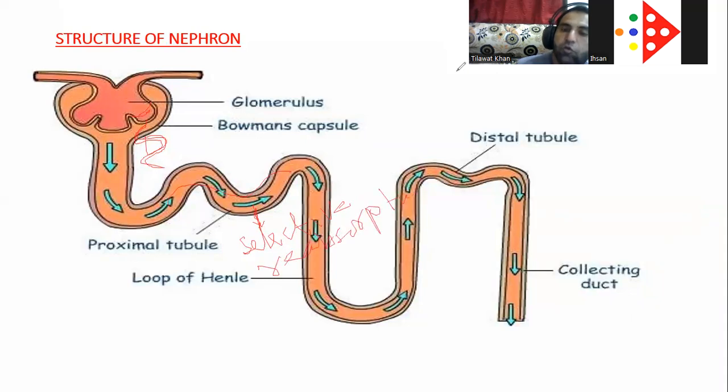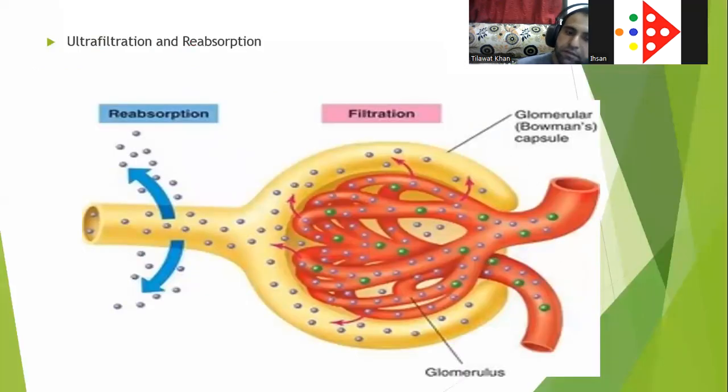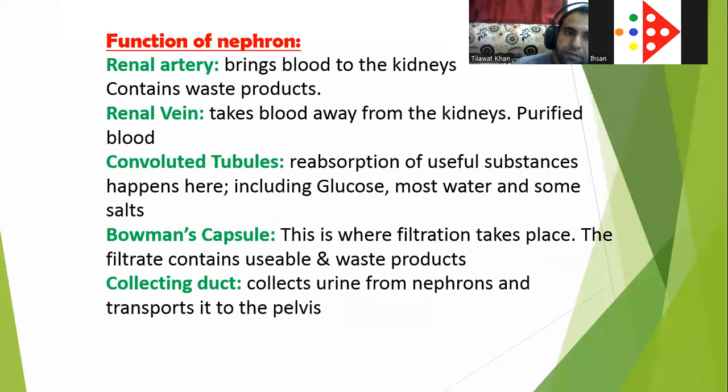Reabsorption of glucose and amino acids happens here. These are the functions of the different parts we already discussed, like the convoluted tubule, Bowman capsule, and collecting duct.